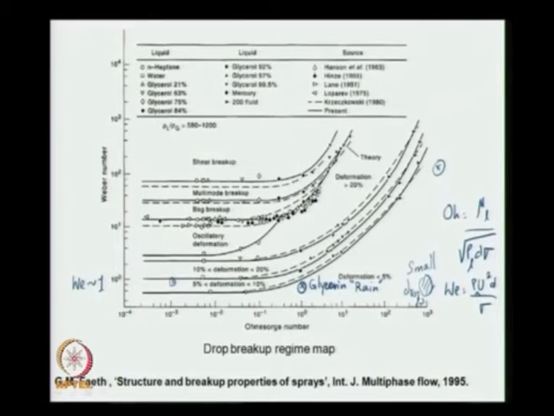So, no breakup again. As you go higher and higher up on the Weber number, oscillatory deformation starts to occur when your Weber number is on the order of about 10. This is what we call vibrational breakup mode in the previous slide.